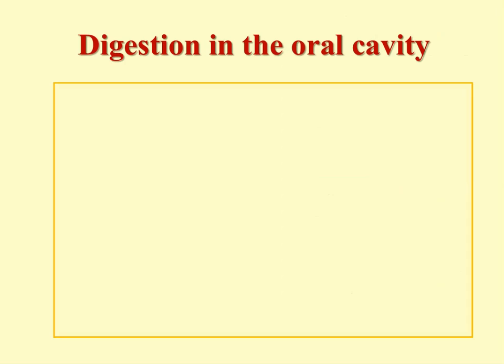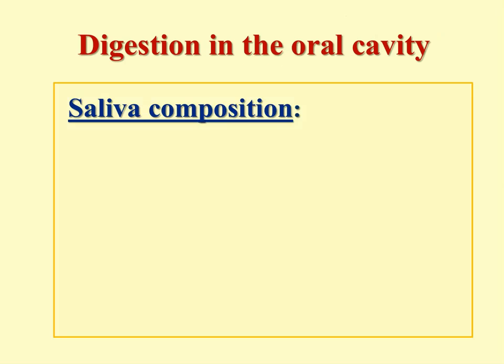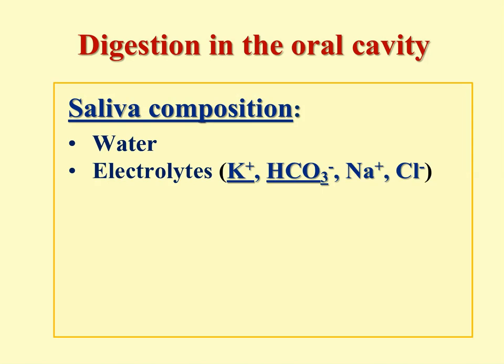Digestion in the oral cavity. First, let's consider the composition of the secret released into the oral cavity, saliva. Of course, it's based on water, but the main components include electrolytes: potassium, HCO3 ions, sodium, and chlorine. Notice that potassium and HCO3 are underlined because their concentration is high in saliva, while sodium and chlorine concentrations are usually less, and mostly much less than their concentration in blood.